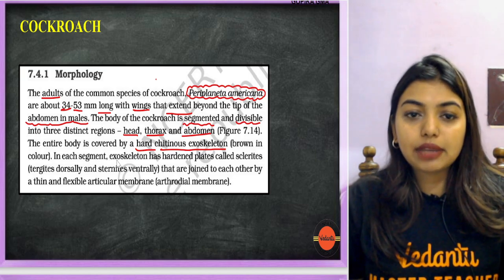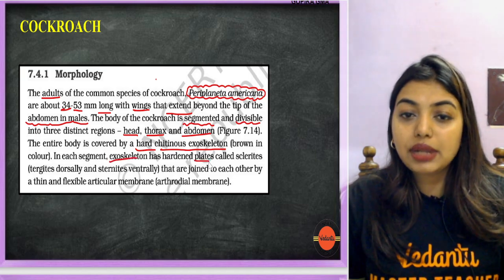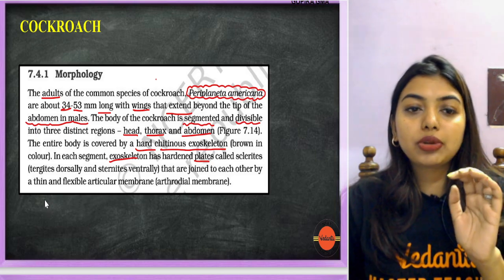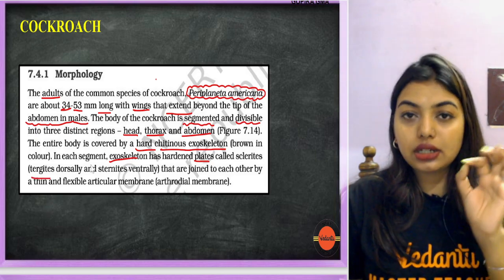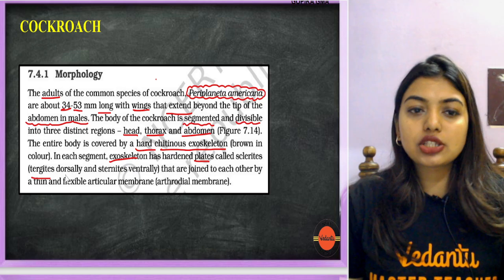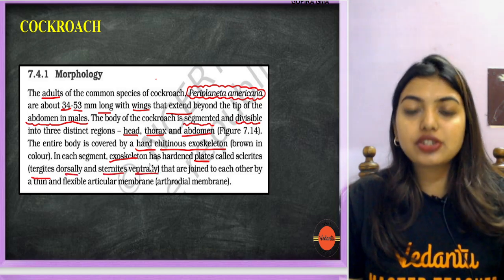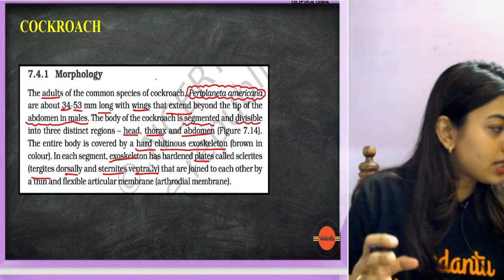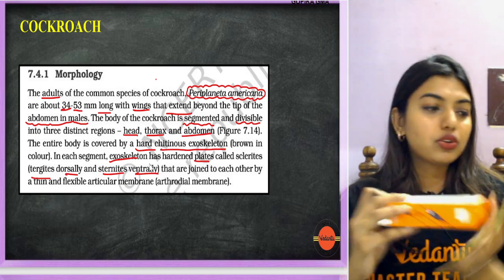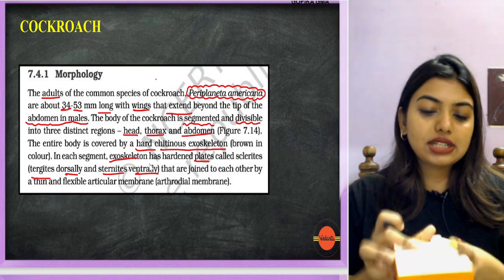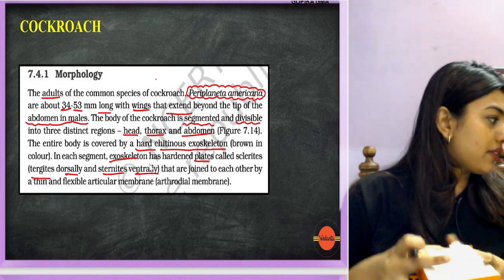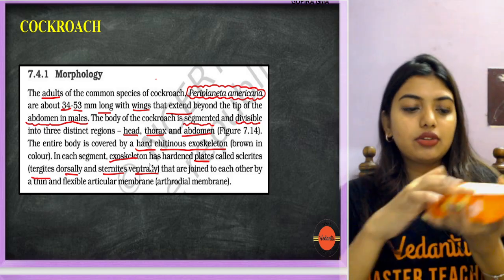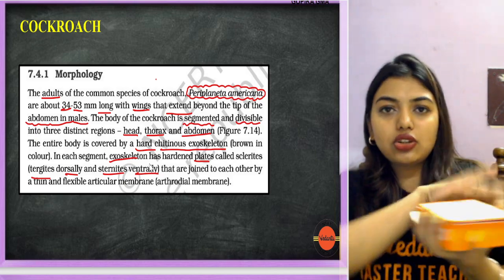Now in each segment, the exoskeleton has hardened plates called sclerites. I'll talk about it again. Now look here, tergum. We can tell tergites dorsally, sternites ventrally, and on the lateral sides you have pleura. Now students, imagine this is a cockroach, and on this cockroach here one layer is there. Now imagine this is one layer, and on the sides also these layers are there.